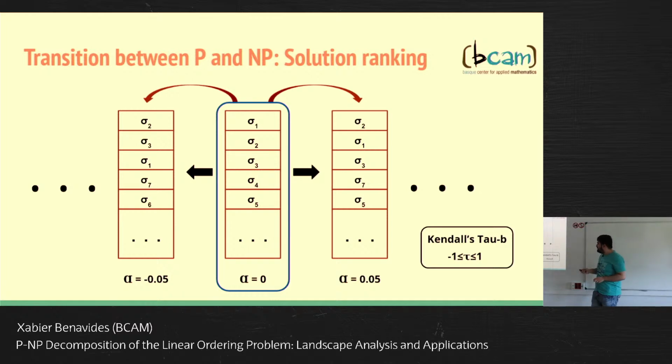In order to do that, we have used a measure called Kendall's tau B, which is a correlation measure that ranges from -1 to 1, where -1 is a perfect negative correlation and 1 is a perfect positive correlation. Our idea here is to check how the ranking correlation with respect to the original instance varies as we transition between the P and NP components of the problem.